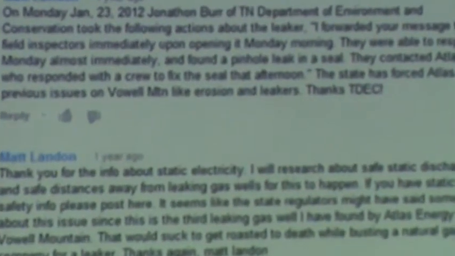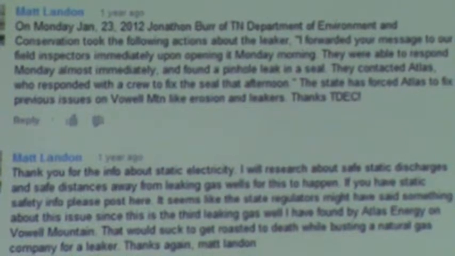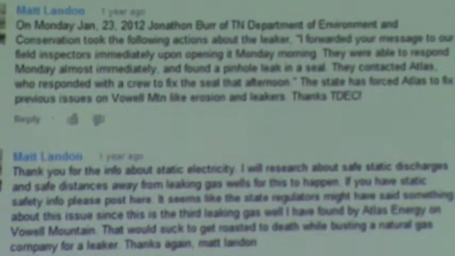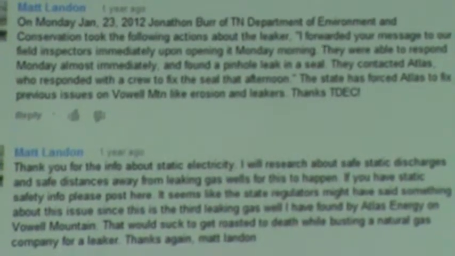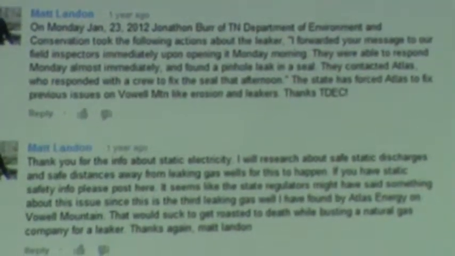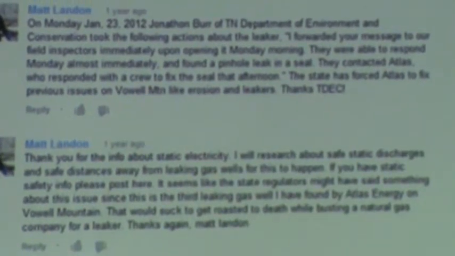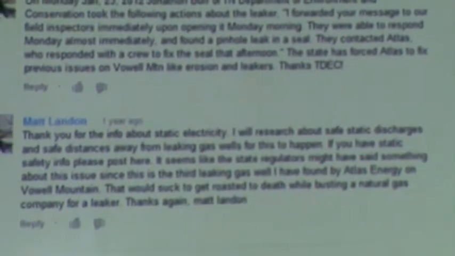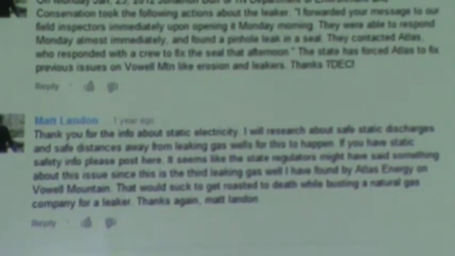Upon opening it on Monday morning, they were able to respond almost immediately and found a pinhole leak in a seal. They contacted Atlas, who responded with a crew to fix the seal that afternoon. The state has forced Atlas to fix previous measures on Battle Mountain like erosion and leakers. Thanks, TDEC.